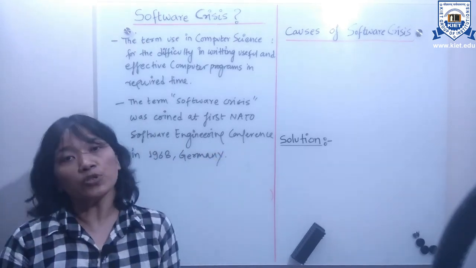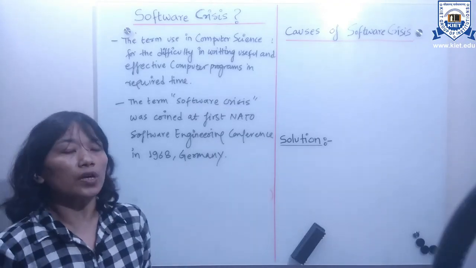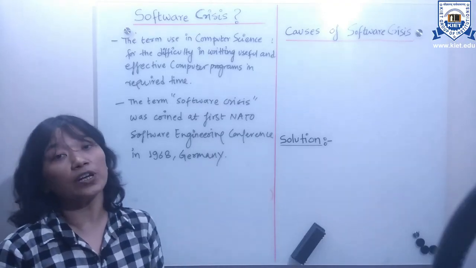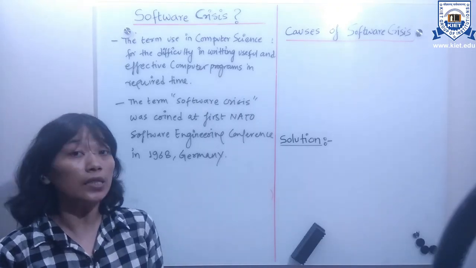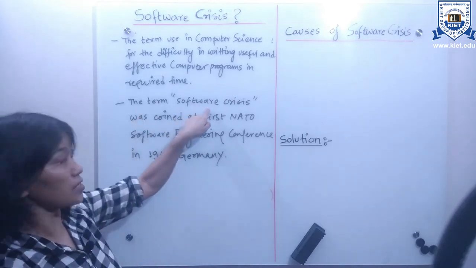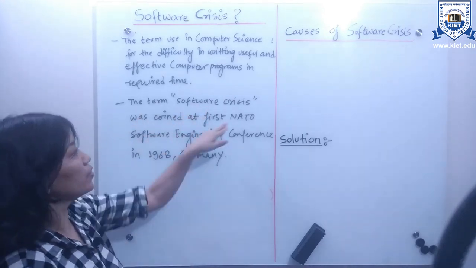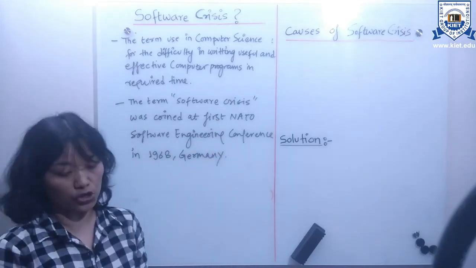So the term software crisis basically was used in computer science for the difficulty in writing useful and efficient computer programs in the required time. And this term software crisis was coined at the first NATO Software Engineering Conference in 1968 in Germany.